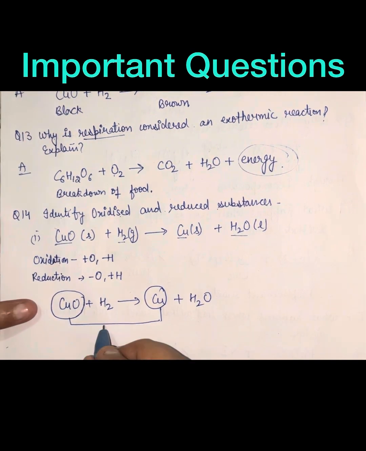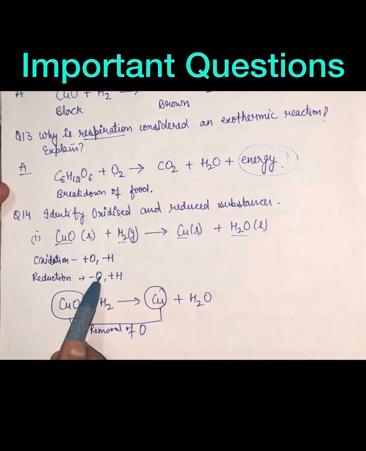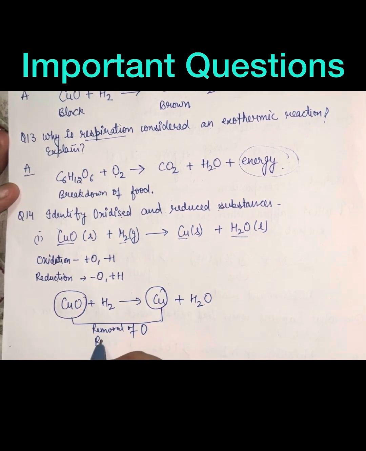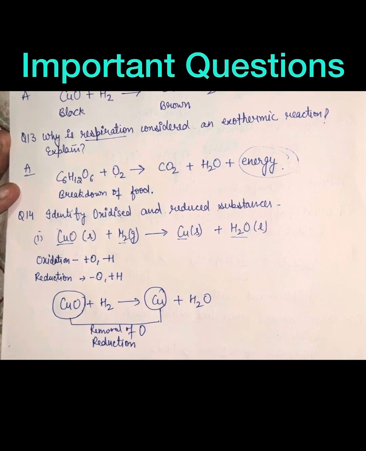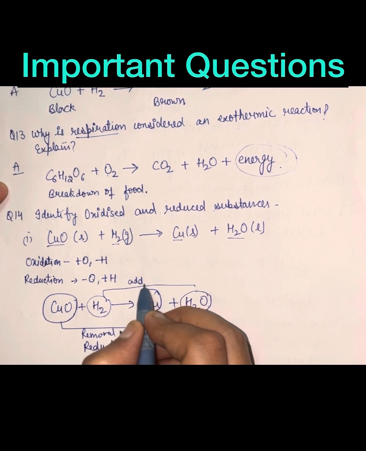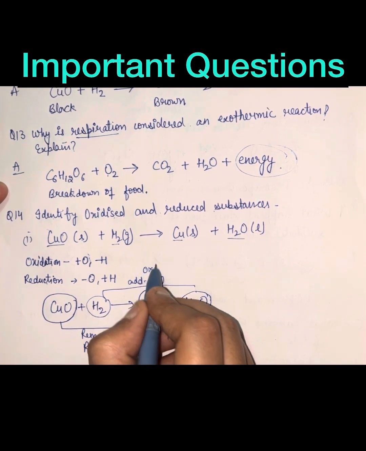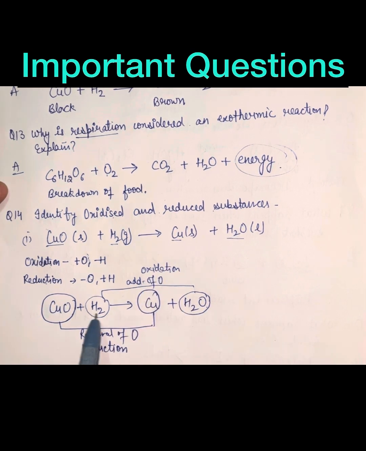तो देखो इसमें क्या हो रहा है, removal of oxygen, and removal of oxygen is reduction. The process is reduction, and this H2 substance is addition of oxygen, and addition of oxygen is oxidation. You can say this H2 is getting oxidized and CuO is getting reduced.